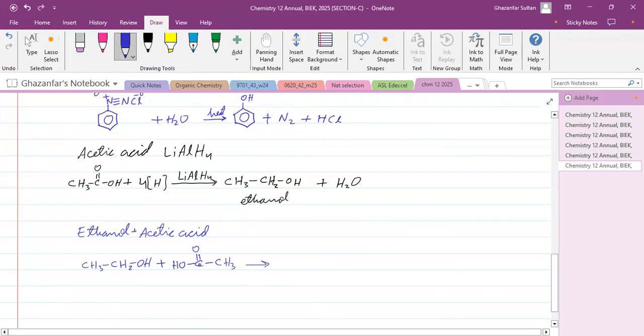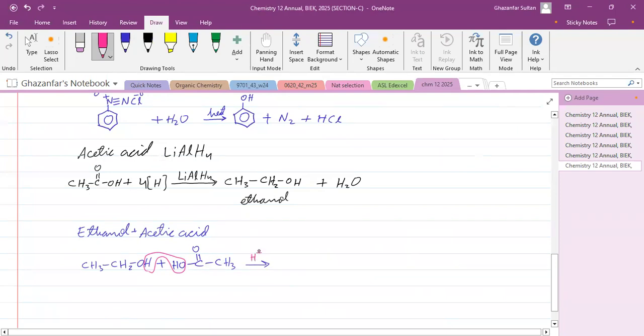Even you can draw it in regular form, with the carboxylic acid on the right side and methyl on the other side. But actually I wanted to show how this reaction occurs, that this hydrogen combines with the OH of the carboxylic group.